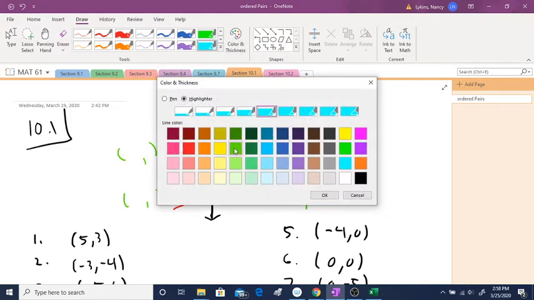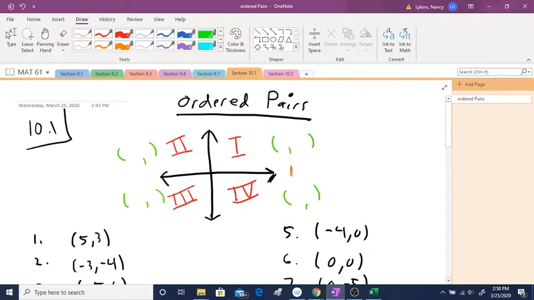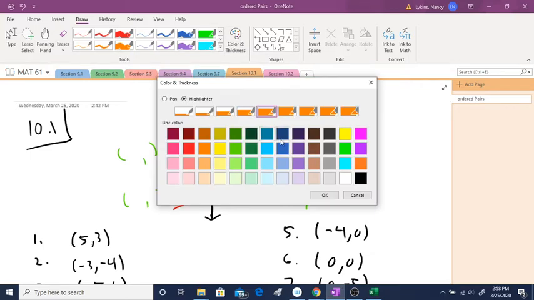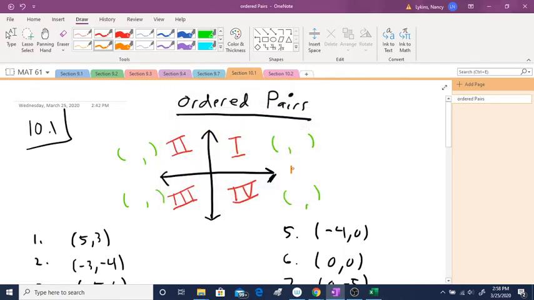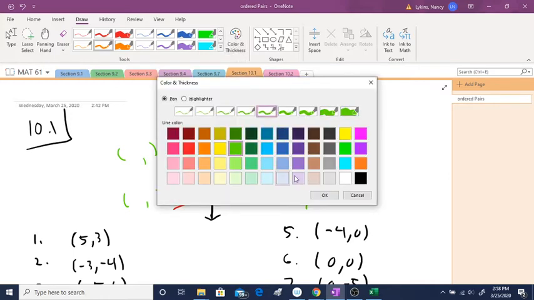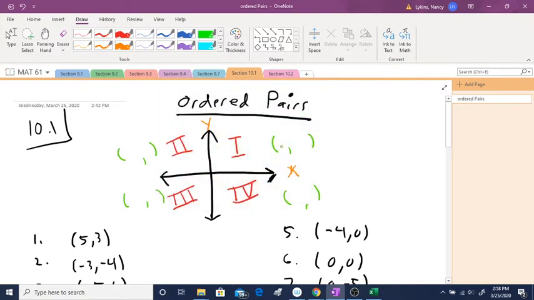So first, we need to understand that this is the x-axis, you got a y-axis. So now, in the first quadrant, x and y are both positive.